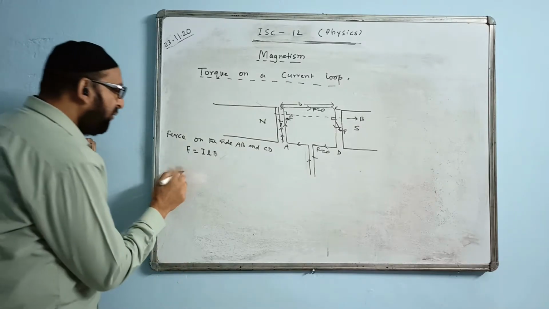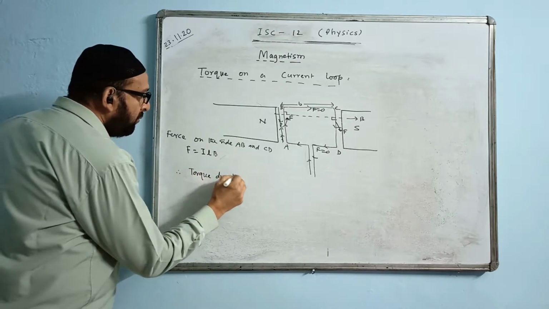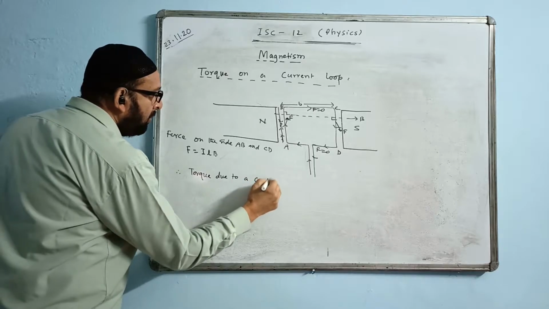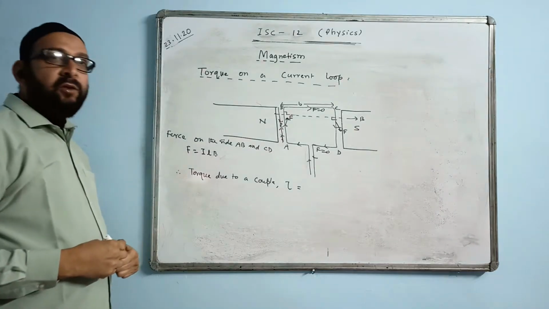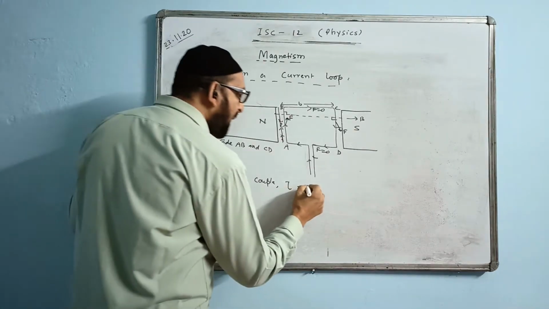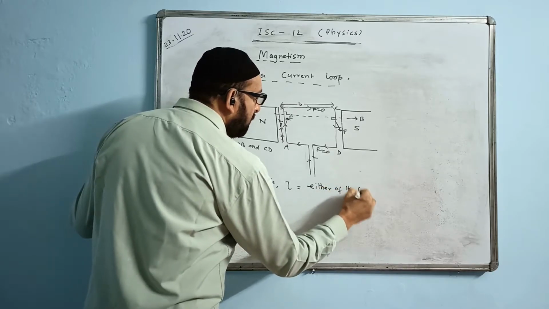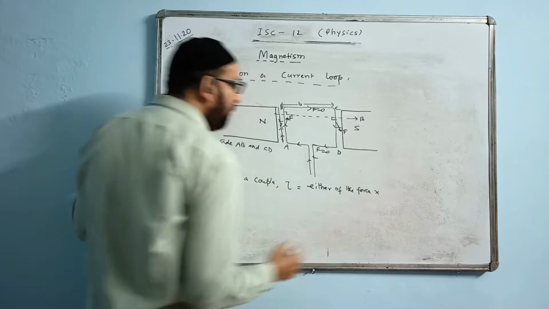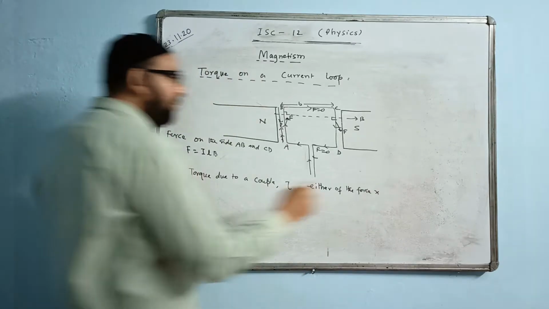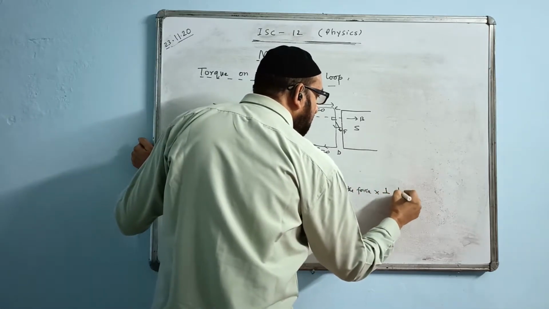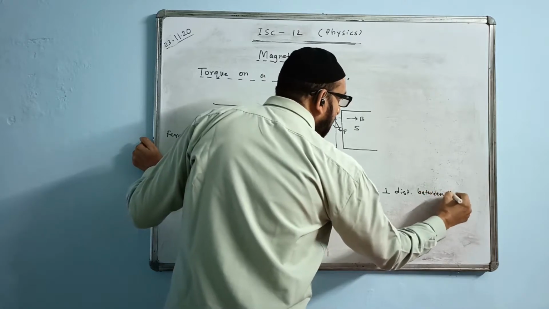Now we will be writing here: torque due to a couple, denoted by tau. The torque formula due to a couple is either of the force into the perpendicular distance between them.